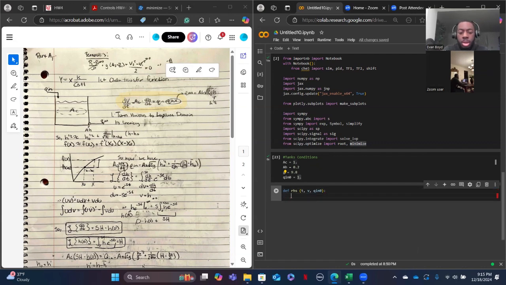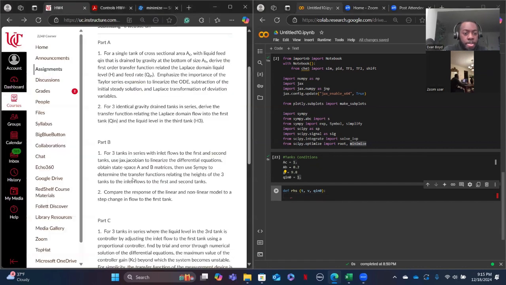Next, since we have multiple flows in, because in our problem statement we have two flows in for the first and second tank, we need a Qin of 1 for tank 1, a flow in for tank 1 and a flow in for tank 2.